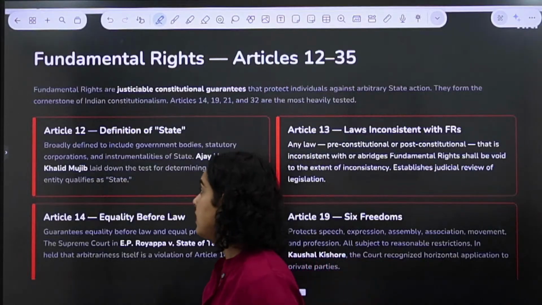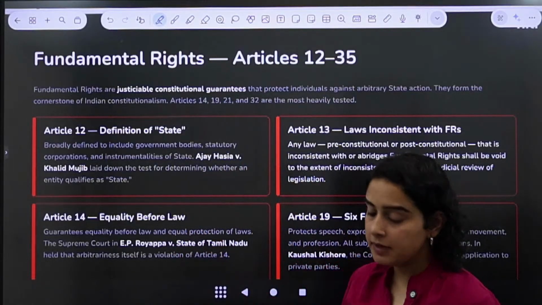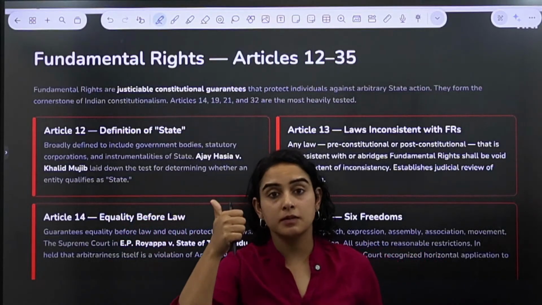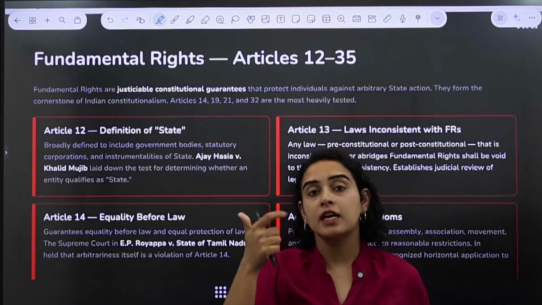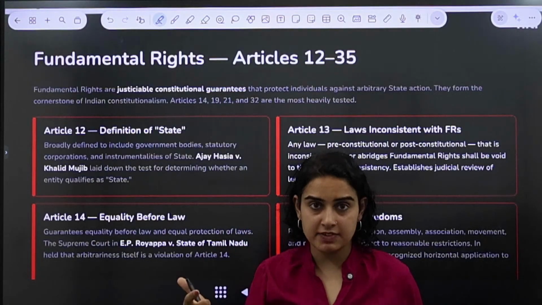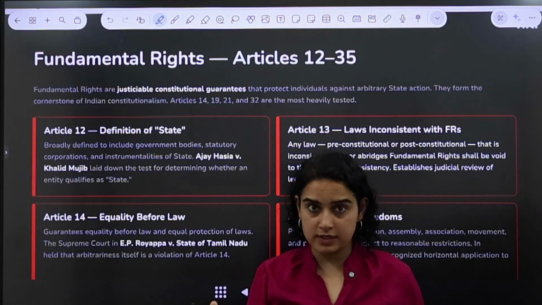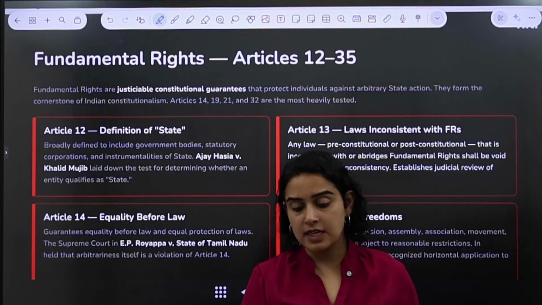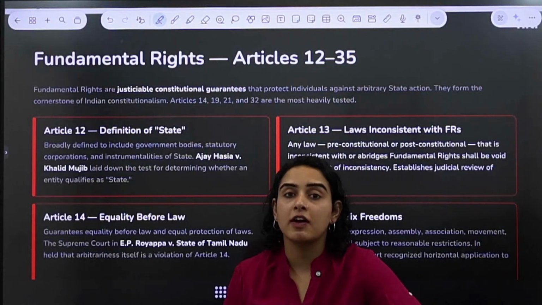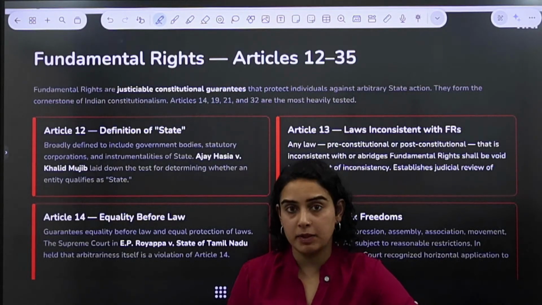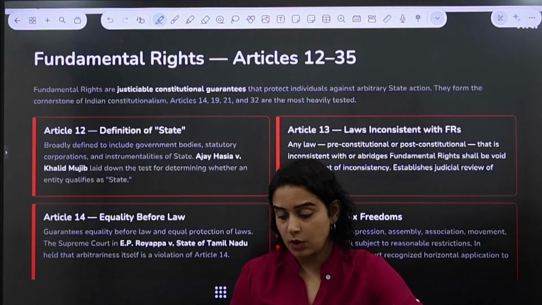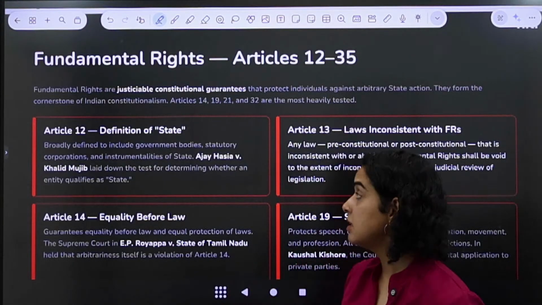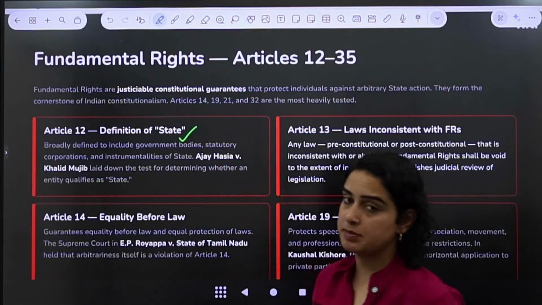Article 12 says something really simple, that the term state is going to include the parliament and the central government, the state governments and the state legislative assemblies, and local and other authorities. That basically means anything that is similar to the functioning of a government, or is run, operated or managed by the government, is going to be considered as state. This is what Article 12 explains.